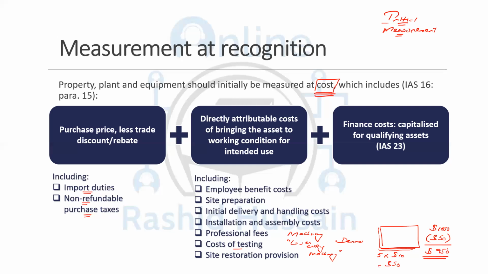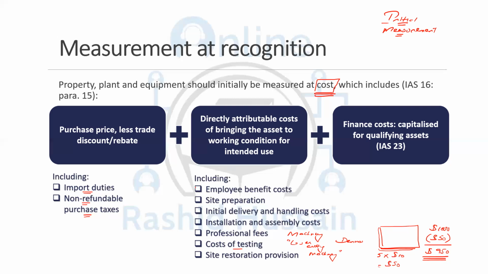So remember one thing, that if any professional is coming to test your machinery or whatever the asset is, and during the testing you're going to make some production, and those units produced during the testing can be sold at some price, you're going to sell it. So you can deduct that price from the cost of the testing, and whatever is the net amount should be capitalized.